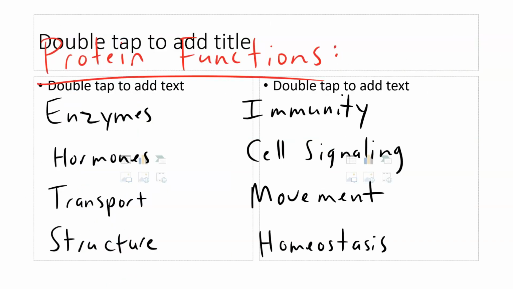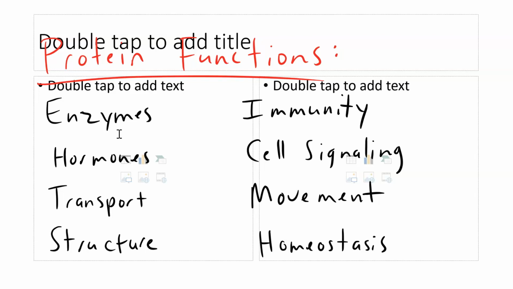In class, we discussed a lot of different functions of proteins. Proteins can be enzymes, they can be hormones, they can be transporters. For each unit that we cover this year, there will be a different protein that we're discussing.